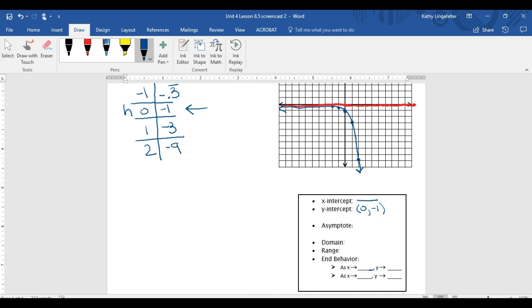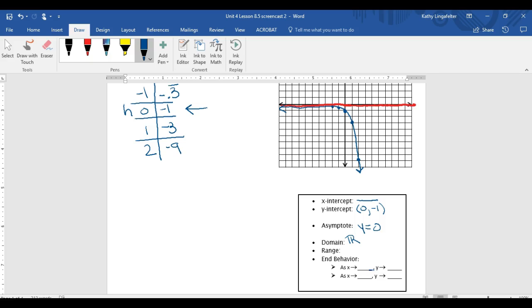The asymptote, we had written that at the very beginning. It's the line y equals 0. As far as the domain goes, for exponential functions the domain is always all real numbers. This will keep going in the right-hand direction. It will keep shooting off in the left-hand direction.